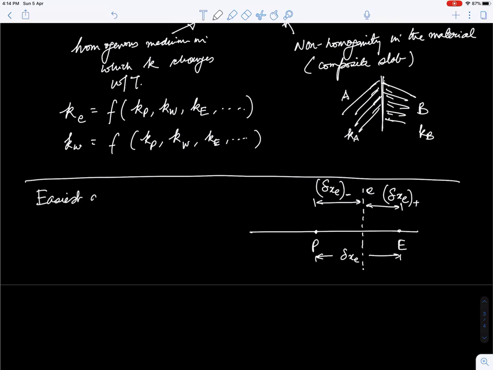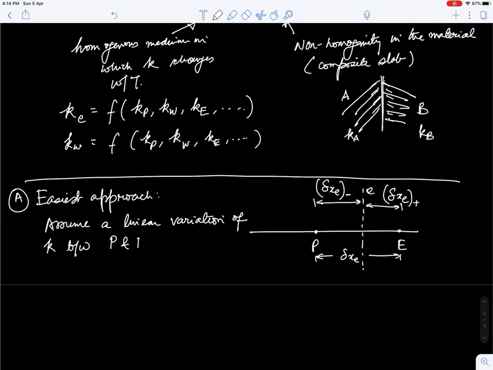So the easiest approach, or the first approach that I'm trying to show you, is that we could assume a linear variation of k between the points P and E.